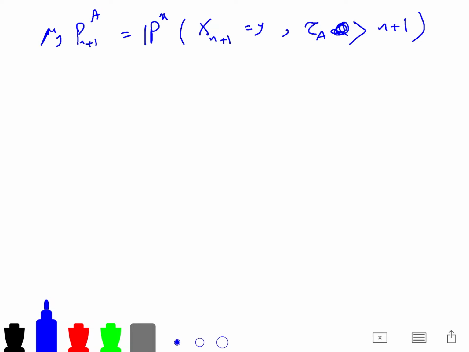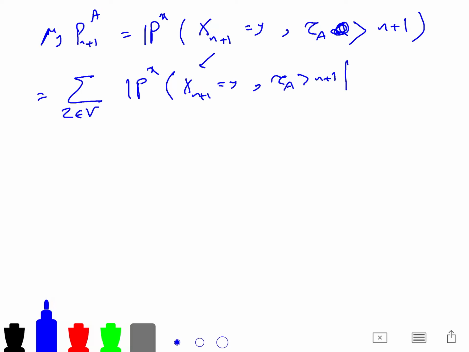Because it's just one step in time, we can rewrite this as a sum over z over all vertices, same as usual, but summed over all events that tau A is greater than n+1, conditioned on X_n equal to z and tau A greater than n, times P_n^A(x,z) mu(z).